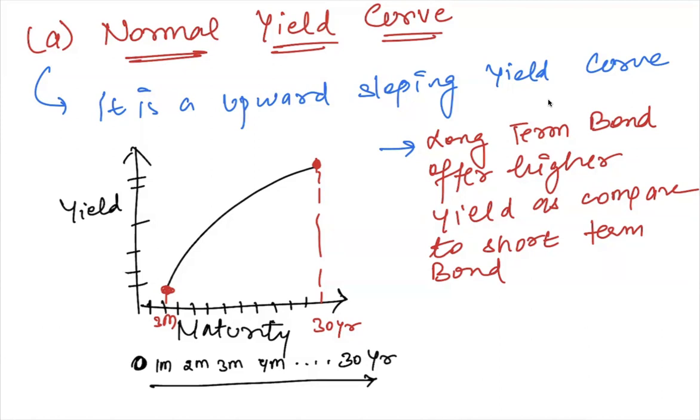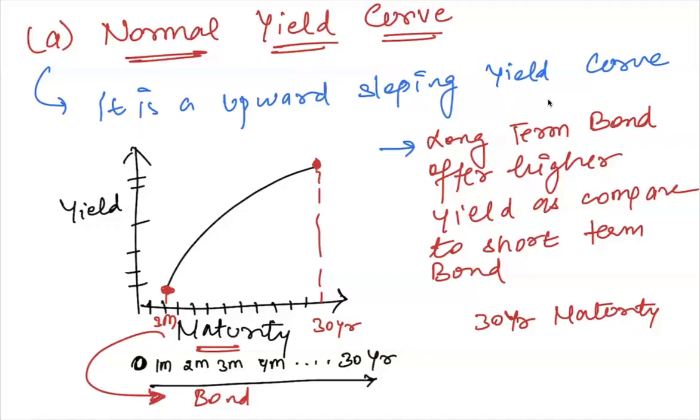So a long term bond, a 30 year maturity bond, and all of these are maturities of bonds. If you see, a 30-year maturity bond has a greater yield than a 3 month maturity bond, and that's where you can say that this is a normal yield curve.